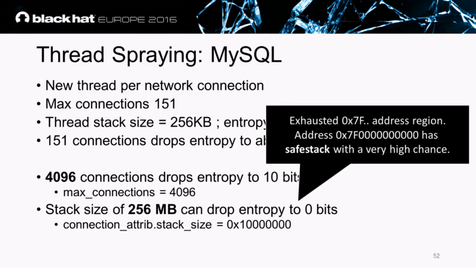Linux uses the 7F region in the address space, so it would exhaust the 7F memory region. By exhausting this region, the address shown on the slide, 7F000, has a very high chance of locating a safe stack.